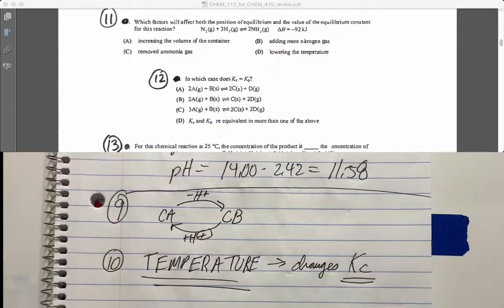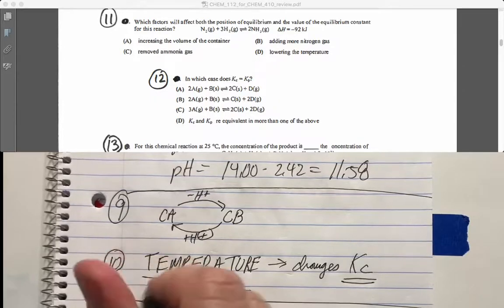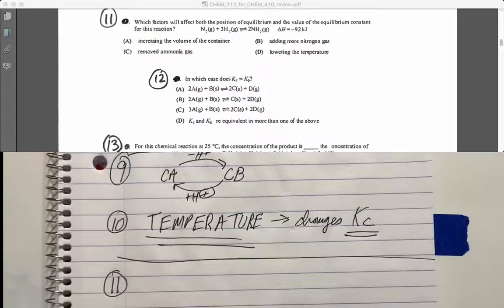What the other things can influence is the position of the equilibrium. So you're going to have the same equilibrium constant, but as you mess around with the reaction, you may have more product relative to, well, that's not true. The reaction may have to proceed in one direction or another to maintain the equilibrium constant.